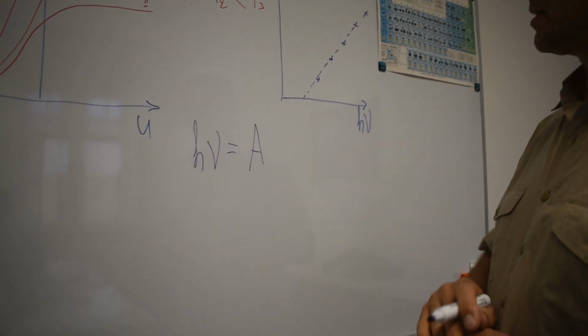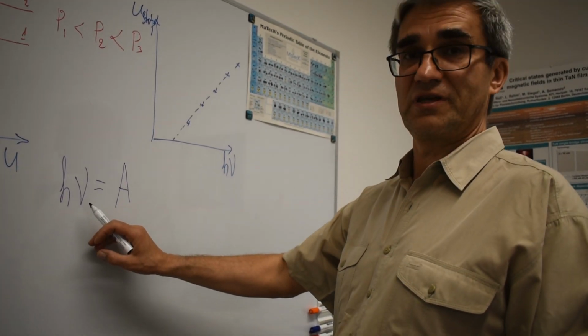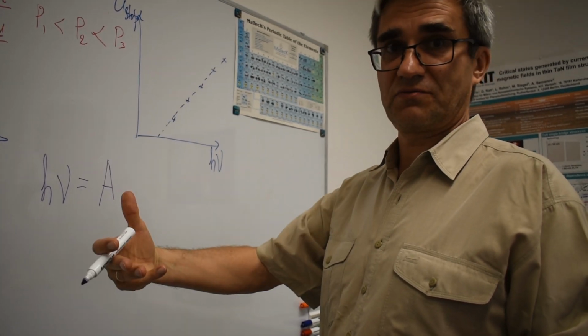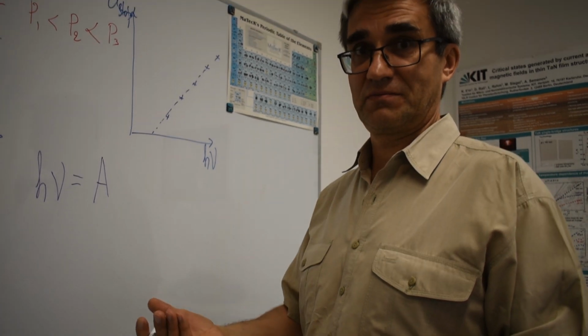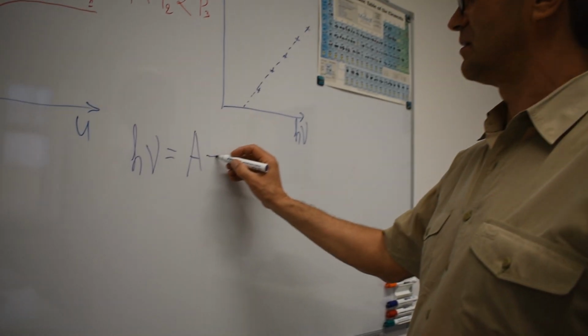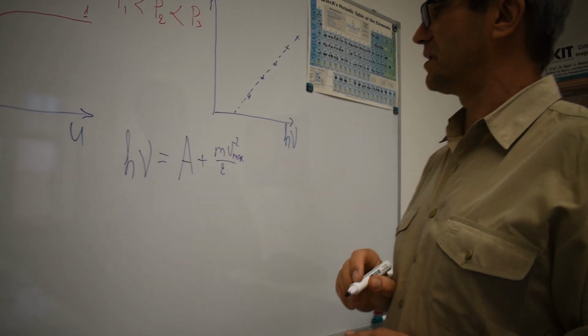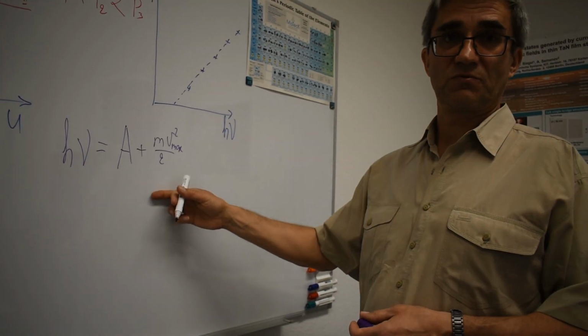Let's name it A. And the last part: if the energy of the photon is larger, then the electron can be emitted from the surface of the photocathode with a certain kinetic energy. And the maximal kinetic energy of the electron can be obtained out of this equation.